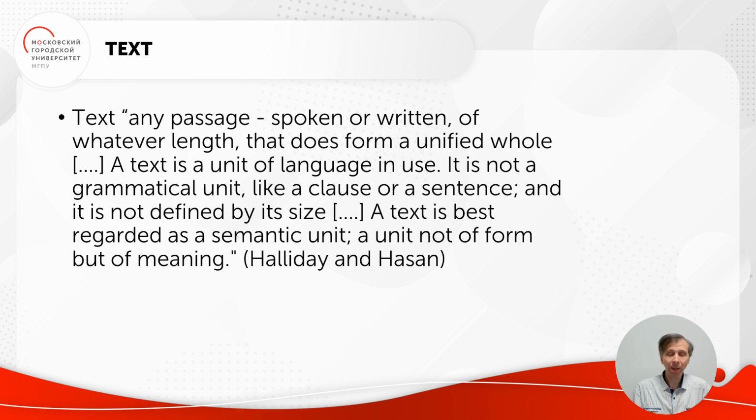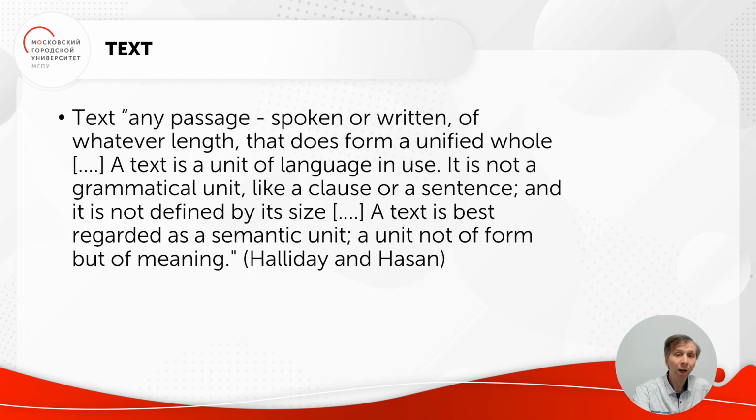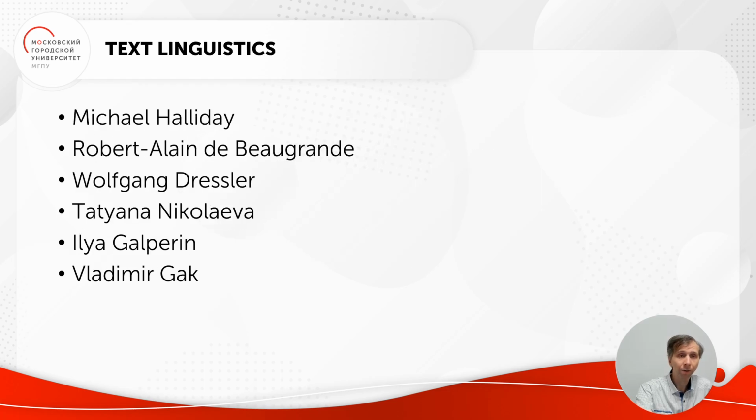So we see that in this definition, Halliday highlights the second dimension of text, the coherence dimension, so the logical connections that exist between the constituent parts of the text. Although, of course, we cannot deal without the formal cohesion of the text either.